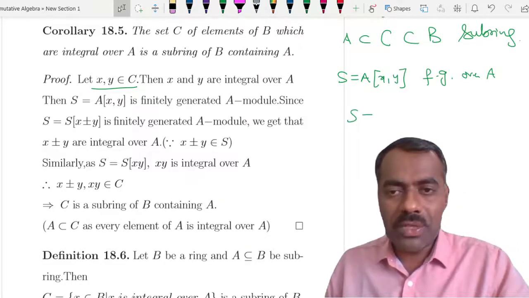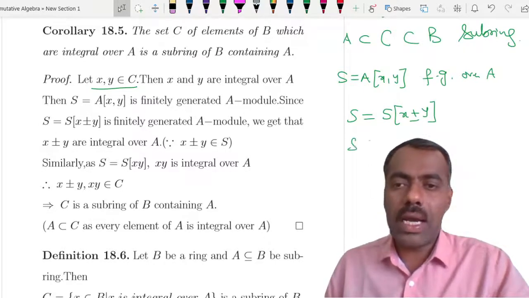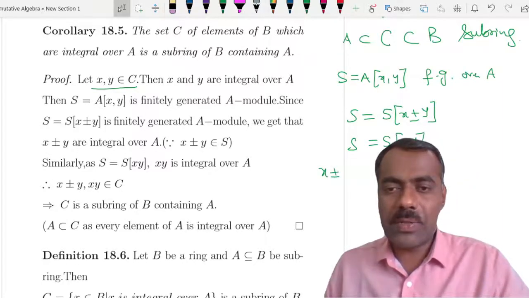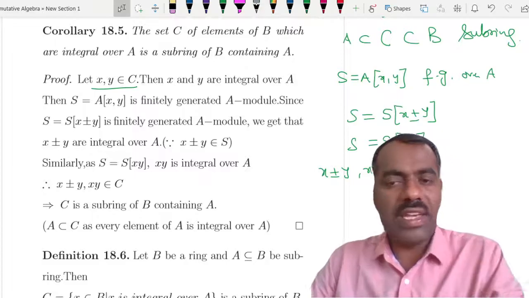But if you observe that S is the same as A[x plus y] or A[x minus y], or S is also the same as A[x times y], because x plus or minus y and xy both belong to this S, which is A[x, y].